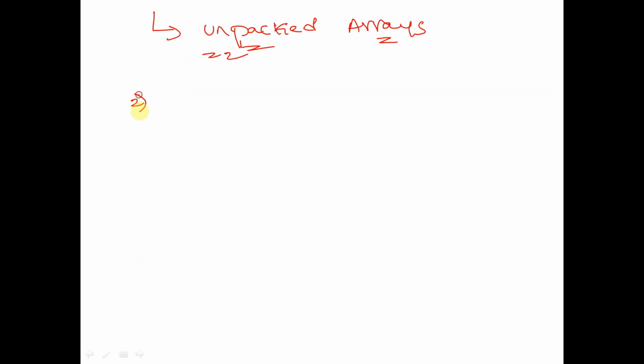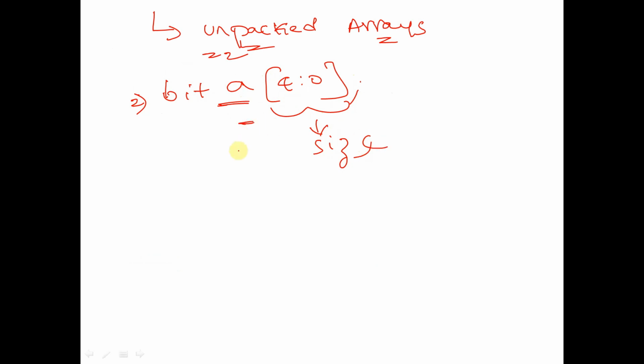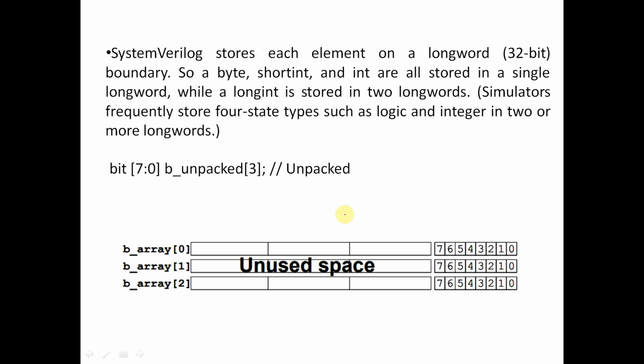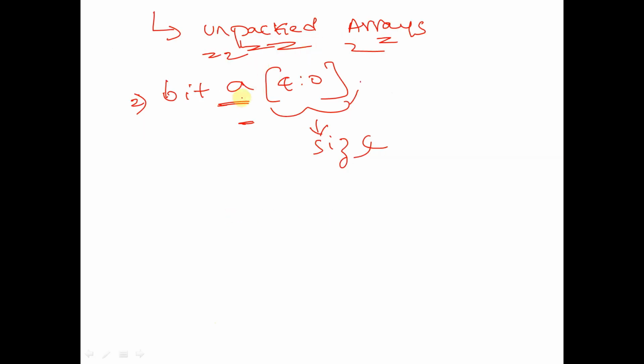So the unpacked array syntax will look like this: bit a 4 down to 0. We are giving the number of locations, that is the size, after the variable name. So this is an unpacked array. If the size is represented after the variable name, then this is an unpacked array.